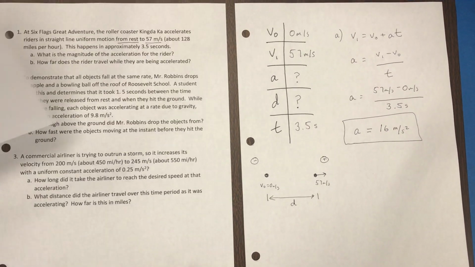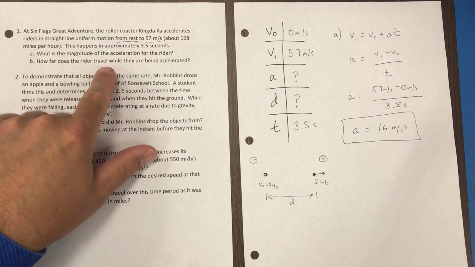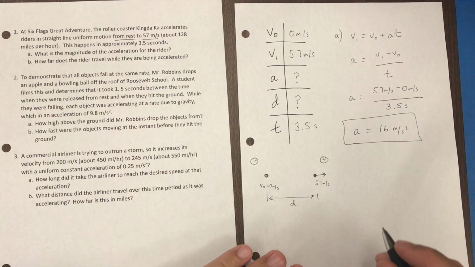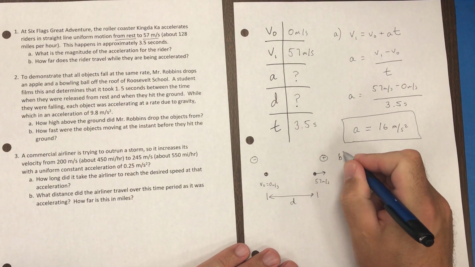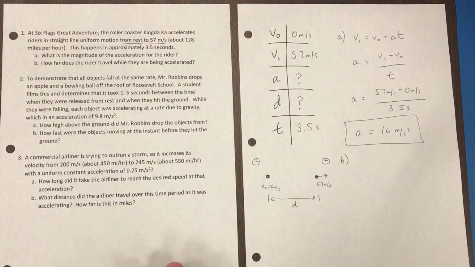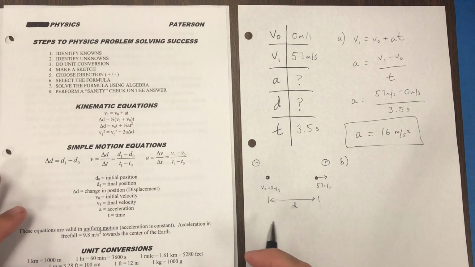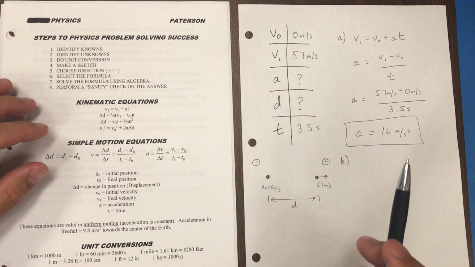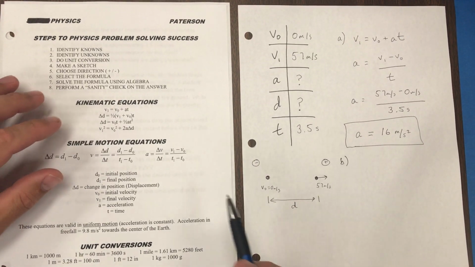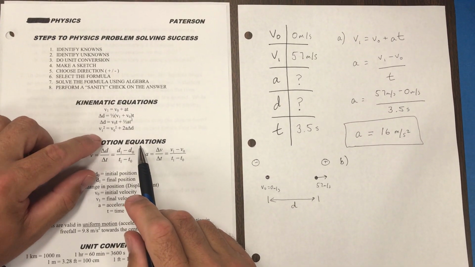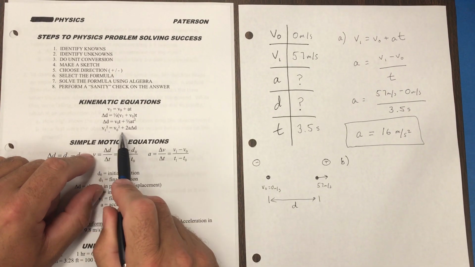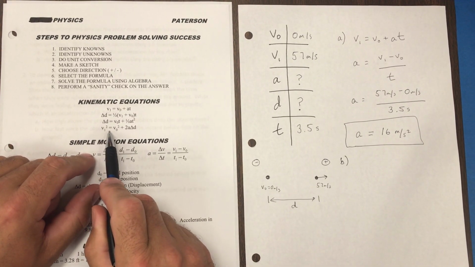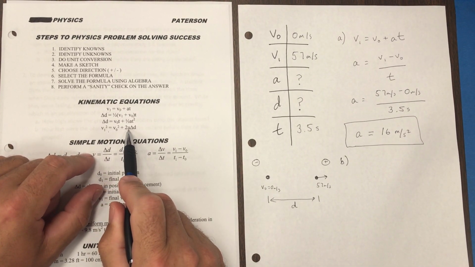Okay, in part B, what am I looking for? I'm looking for how far does the rider travel while they're being accelerated. Okay, so I just have to go back, I have to find a suitable equation and do this process again. One thing I might be tempted to do is to choose an equation such as this last one right here, because I know final velocity, initial velocity, and now I know acceleration, or at least I think I know acceleration.